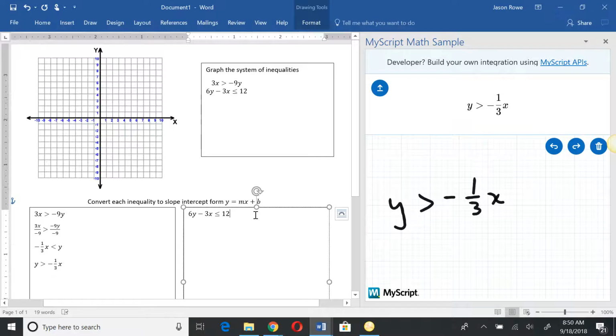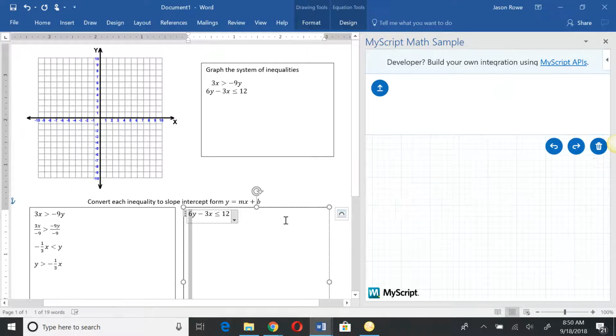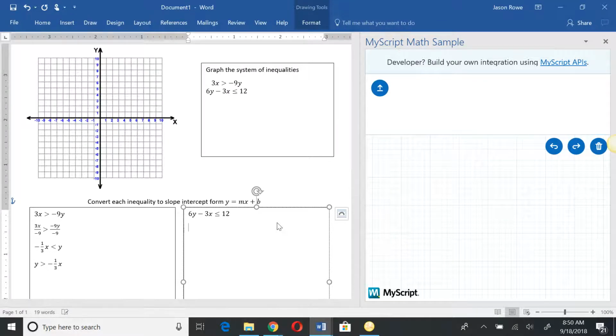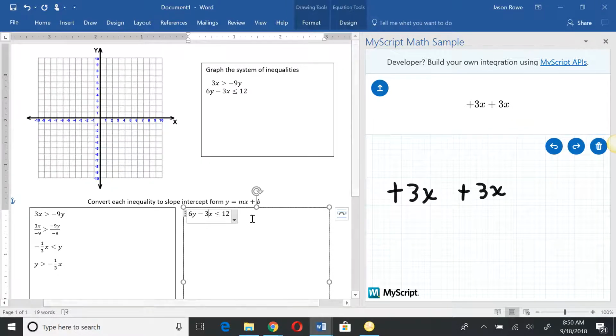We're going to do the same thing for the second one. The second one requires two steps. We have to move the 3x to the other side, and then do division to cancel out the 6. So we start by adding 3x to each side. If you're using Word to show your work, this math script tool I'm using is a great tool.